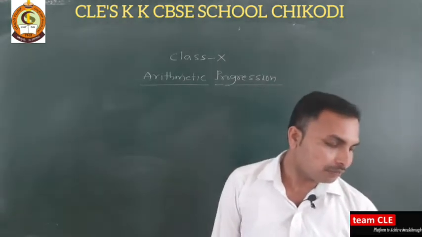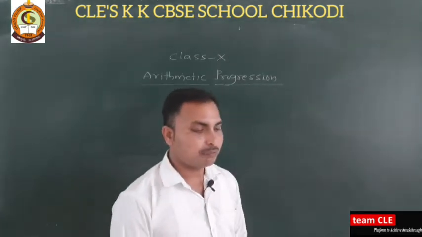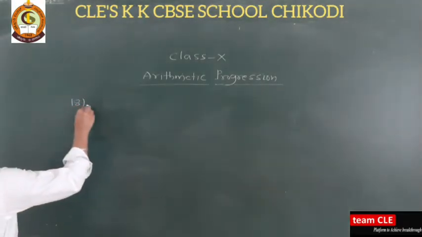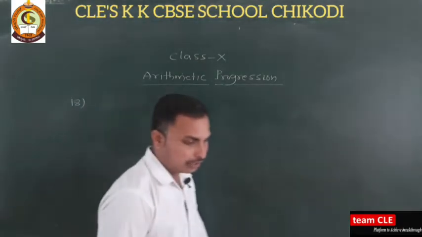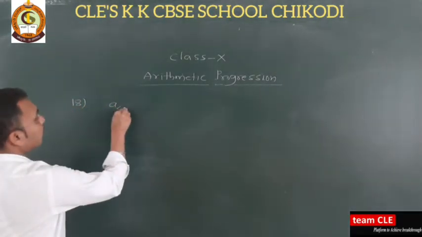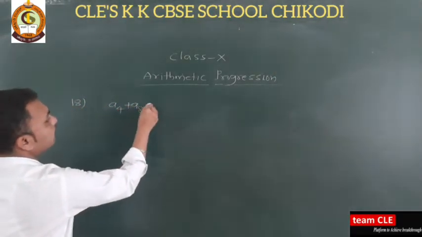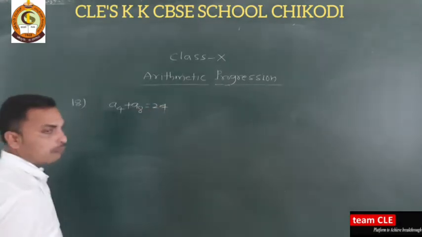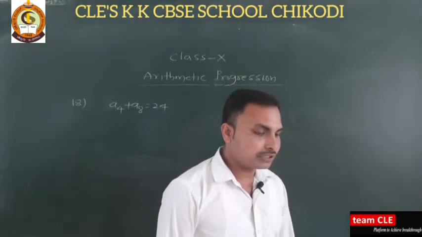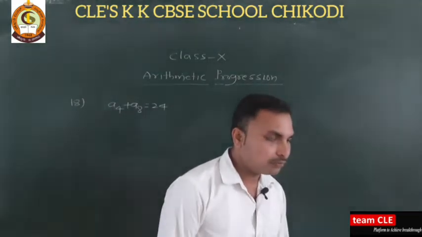Find the first 3 terms of the AP we need to find. The sum of 4th and 8th term of an AP is 24. They are given here 4th and 8th term. We can write sum A4 plus A8 is equal to 24. Okay. The sum of 6th and 10th term is 44.